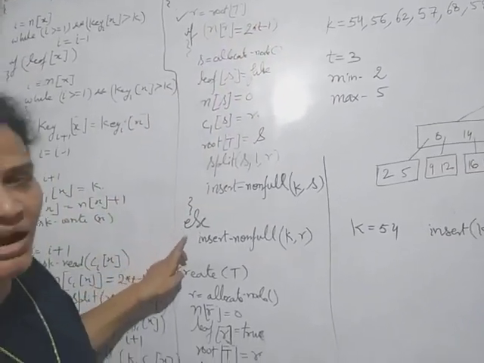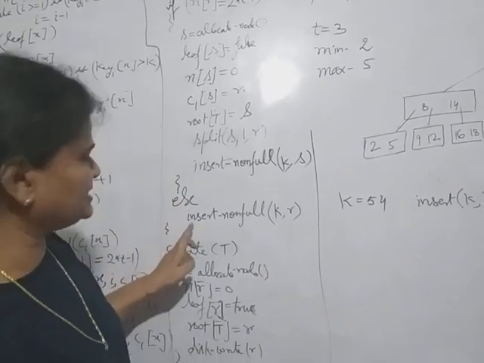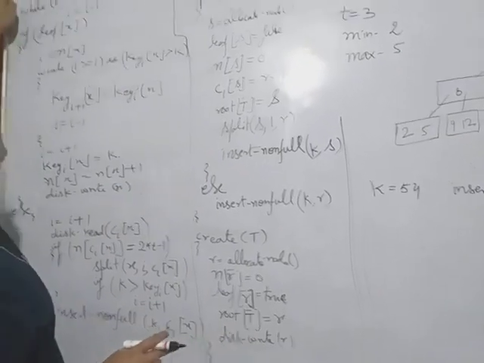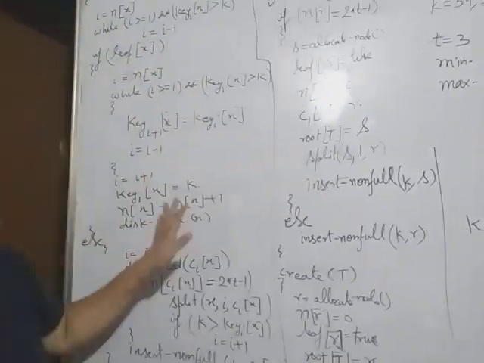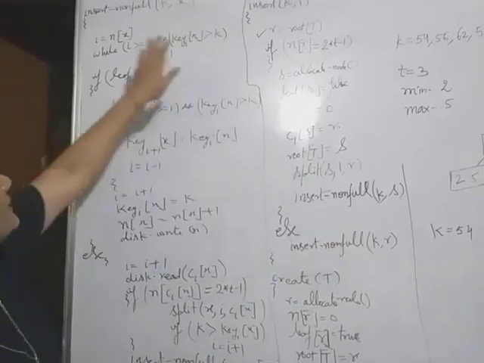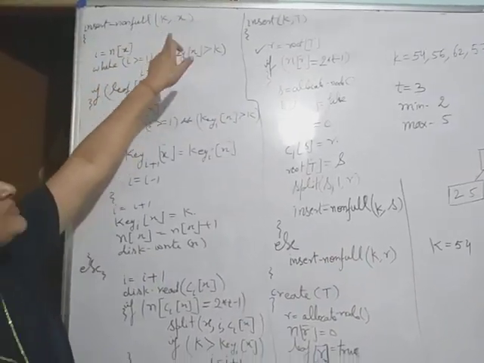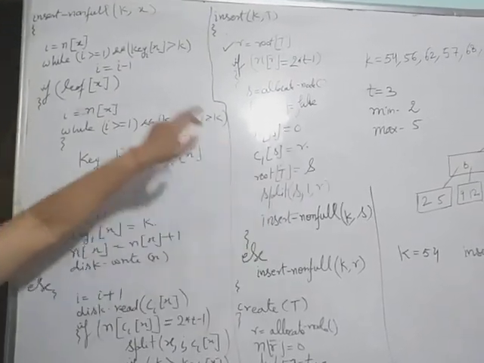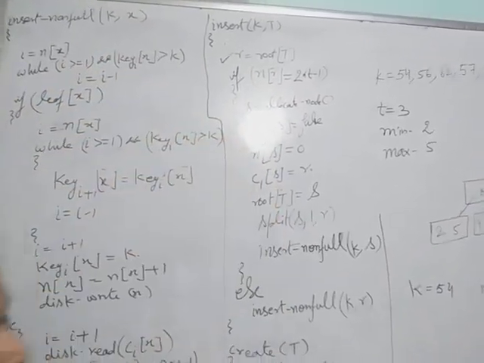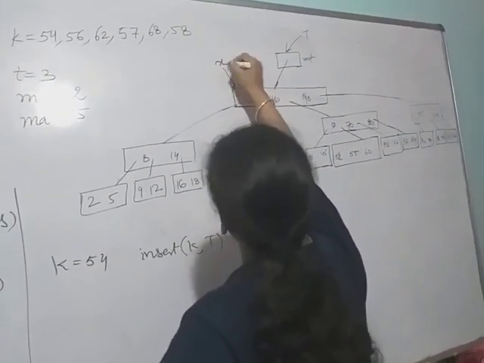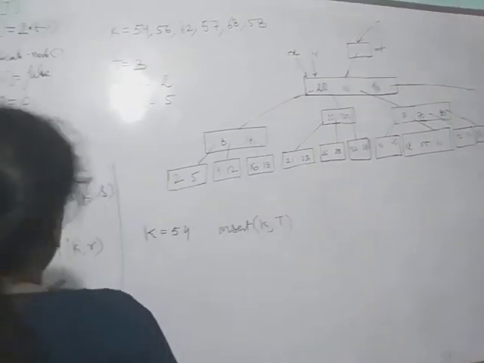So control is transferred to the else part, and the insert non-full function is called. Here I have not written the split function. Insert non-full with k and r. Here k is 54 and x is r; this time in the insert non-full function, it becomes x, because I passed the value of r.